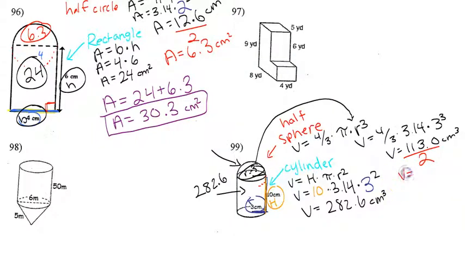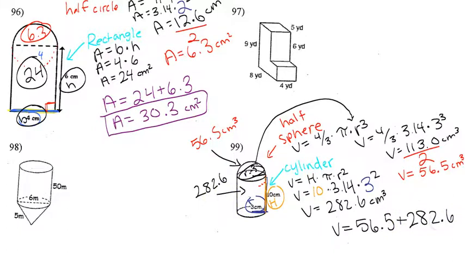The volume of that half sphere is 56.5 centimeters cubed. And I have now the volume of the half sphere, 56.5, and the volume of the cylinder, 282.6. I need to take those two pieces and, to find the volume of the entire figure, add them together. So the volume of the entire figure is equal to 56.5, that was the half sphere, plus 282.6.